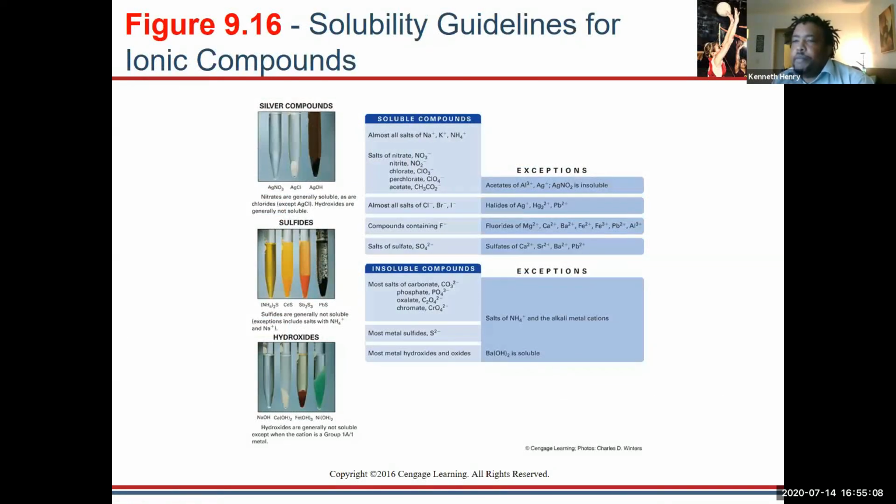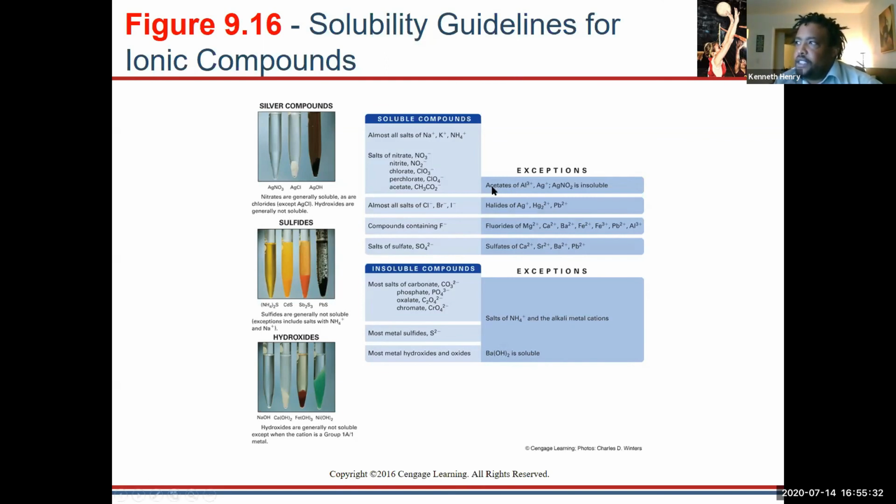Okay, so this is what I make the 1A class memorize, this table here, right? So they have to know what compounds are soluble and which compounds are insoluble. So you notice that sodium, potassium, they're pretty much always soluble. Group 1 metals are going to be pretty much all soluble all the time. And then these are your exceptions.